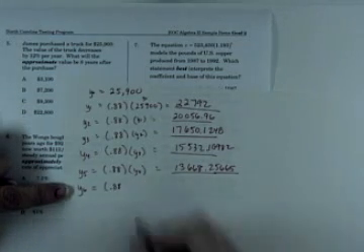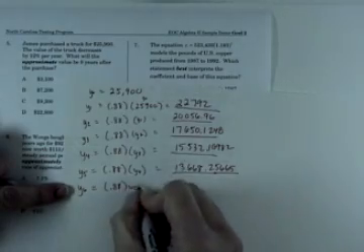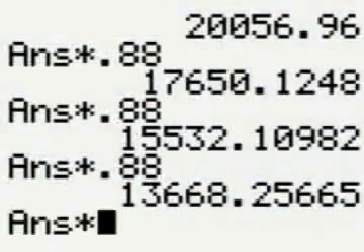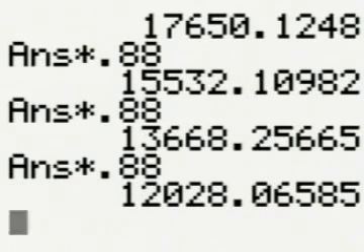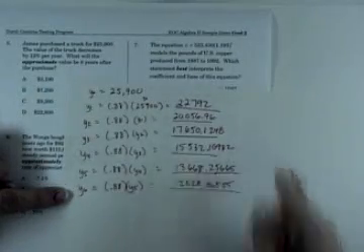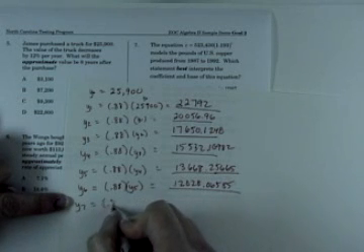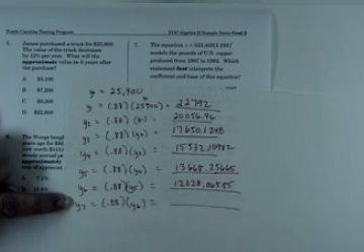So year 6 is worth 88% of year 5, which equals answer times 0.88, enter, 12,028.06585. Just let the calculator hold that answer for you. Year 7 is worth 88% of whatever it was at year 6.